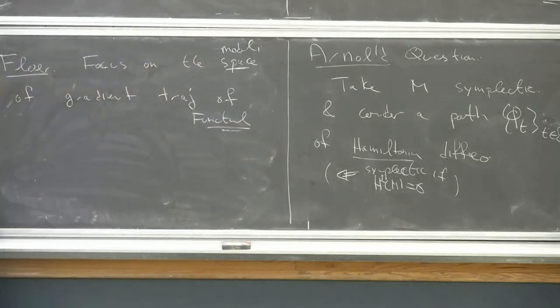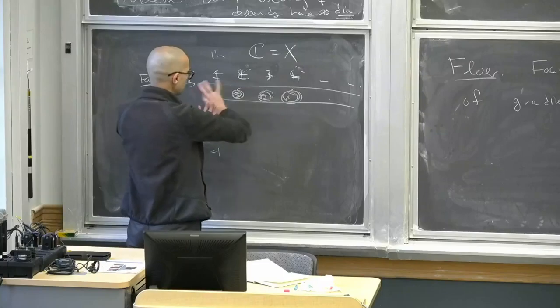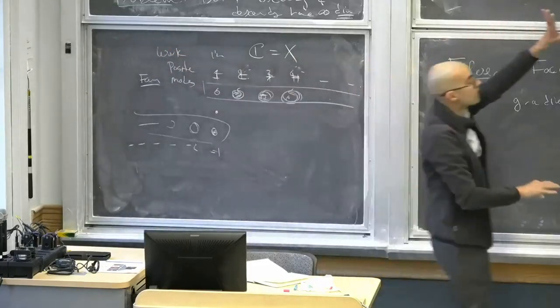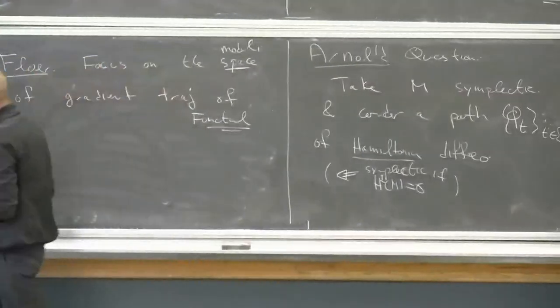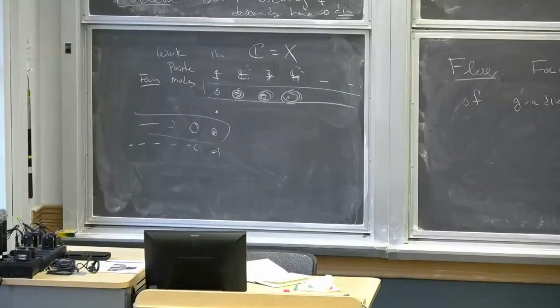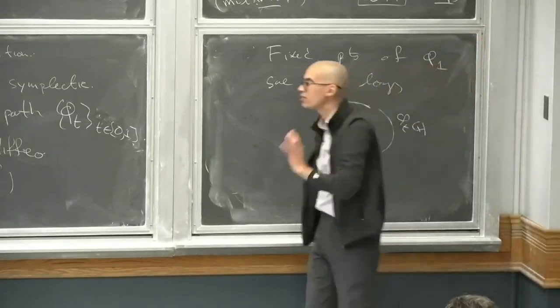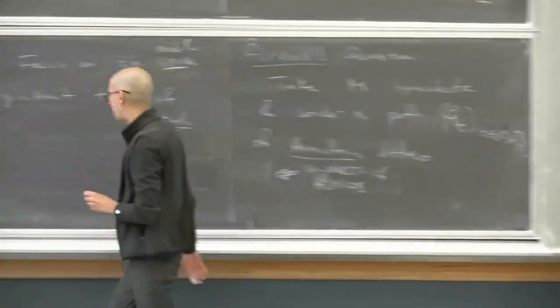Let me point out that as a consequence of giving up on this finite dimensionality of ascending and descending manifolds, we're going to build invariants that, even though they're built out of the free loop space of M, have nothing to do with the homology of the free loop space of M. It's some completely different beast that we are going to encounter.